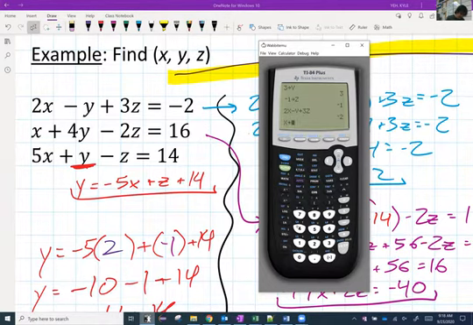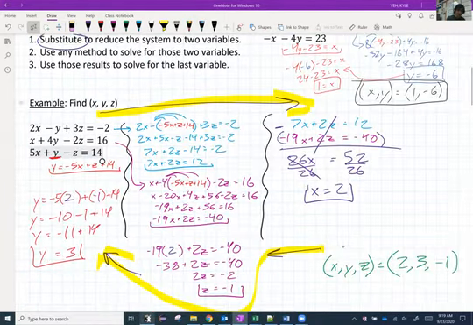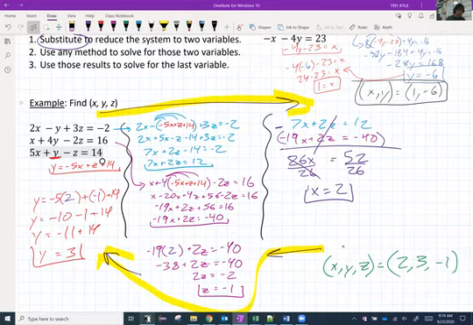x plus 4y minus 2z, 16, 2 to go. Type in the last one, and please, oh please, when I say 5x plus y minus z, please be 14. And it is, and that's kind of the best feeling, because again, if we had made a mistake, it could be buried anywhere.